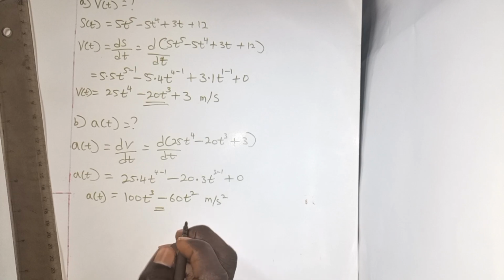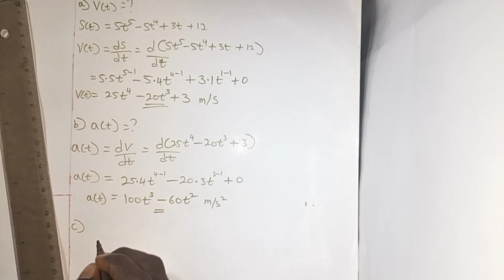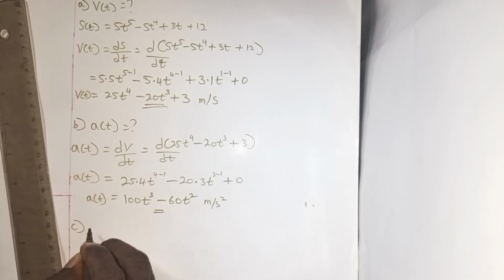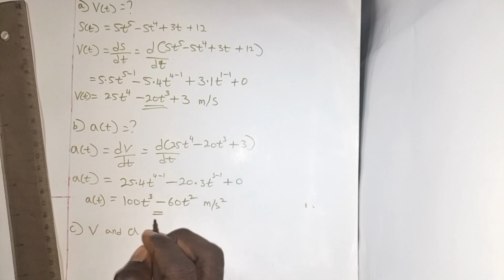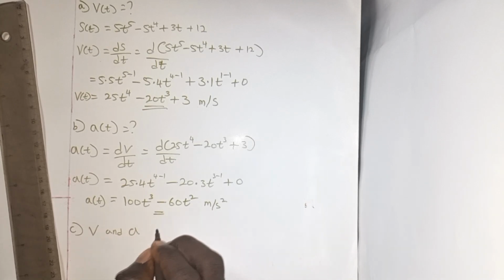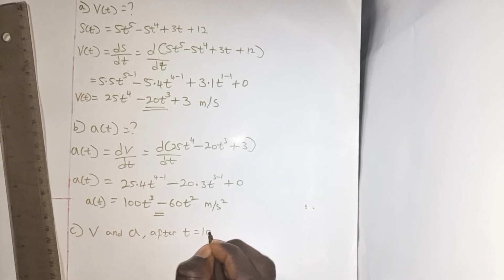So now going next to the last question, which is the C section. The C section says find the velocity and acceleration, v and a, after 10 seconds, after t equals 10 seconds.